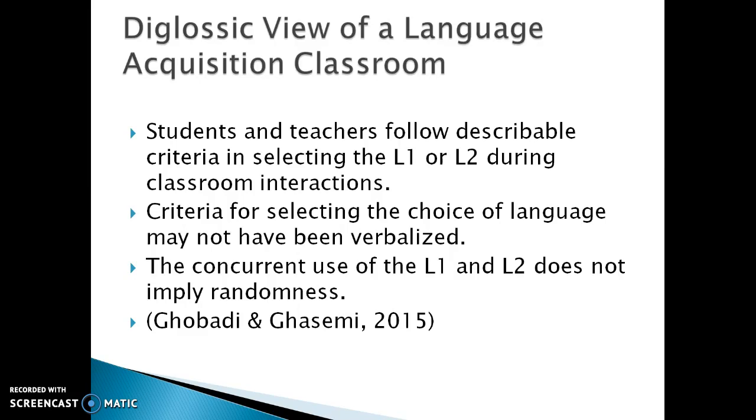Criteria for selecting the choice of language may not be verbalized by the instructor. Although there is concurrent use of L1 and L2, concurrent use does not imply randomness. Rather, it means that distinct motivations drive language choice. It also means that linguistic constraints operate alongside social ones.